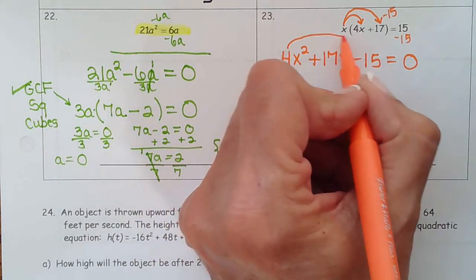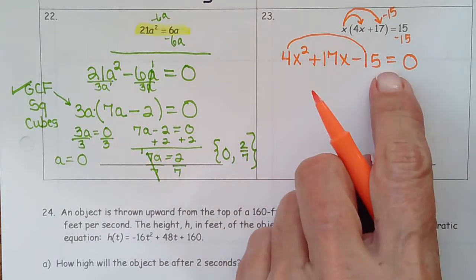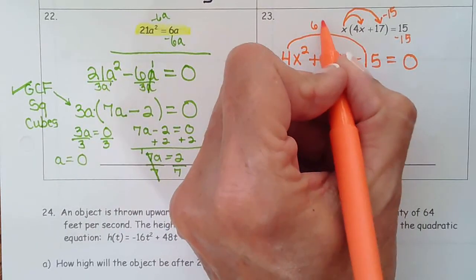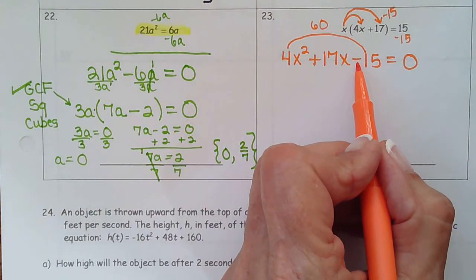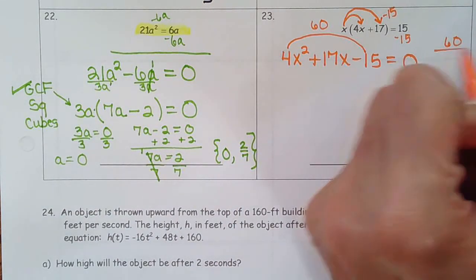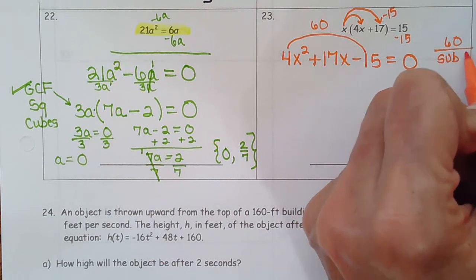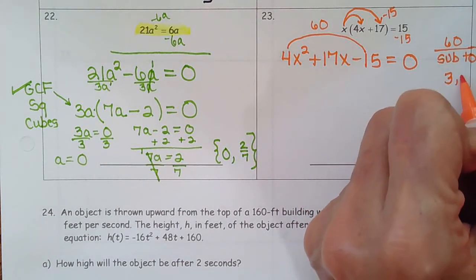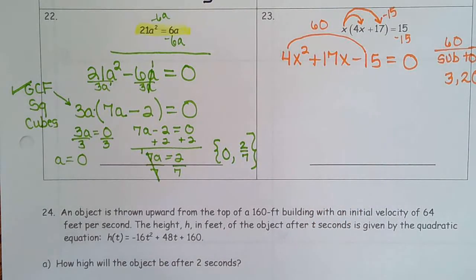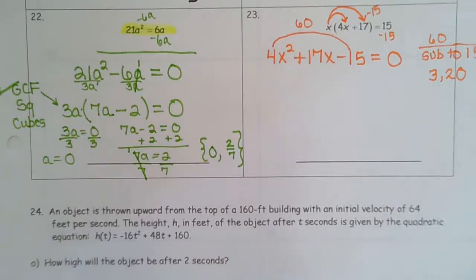And now we have AC method because there's nothing common. So we have to multiply. So factors of 60 that subtract to 17. And I remember this from a previous problem, so I'm just going to write it down. We would have started with 1 and 60. No, that doesn't work. 2 and 30.